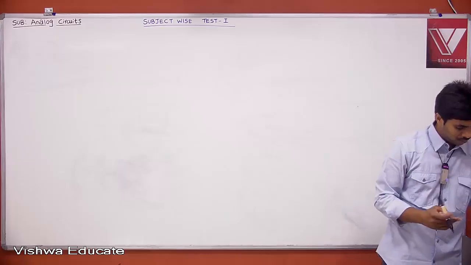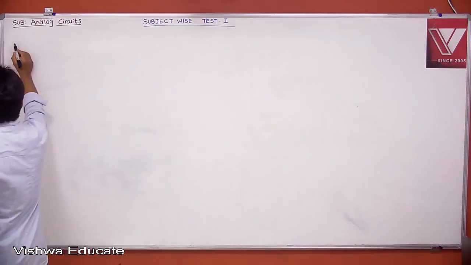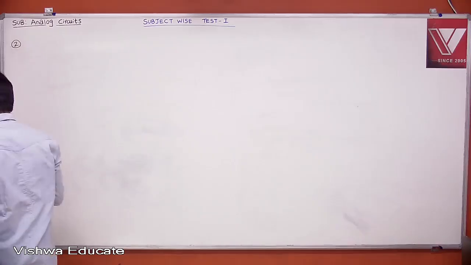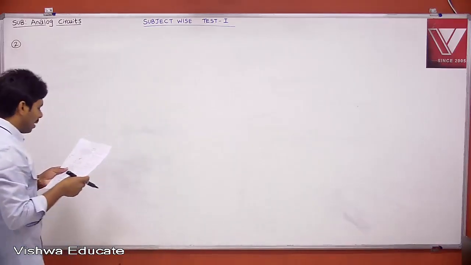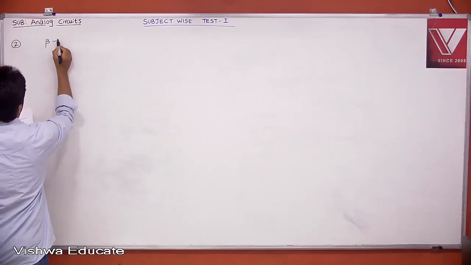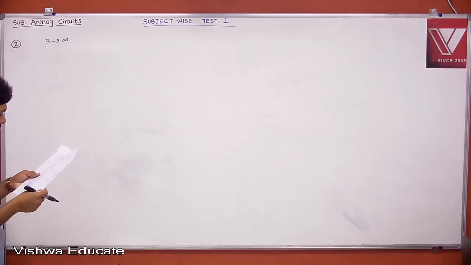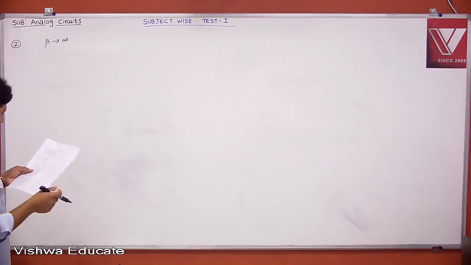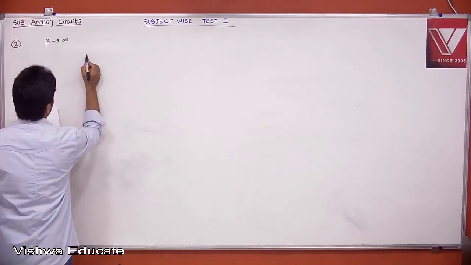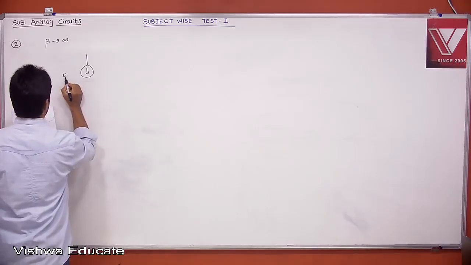In the figure, all transistors are identical and have a high value of beta. High value of beta, meaning not infinity, but very high. The voltage VDC is equal to, okay, the circuit is, this is 5 milliampere.